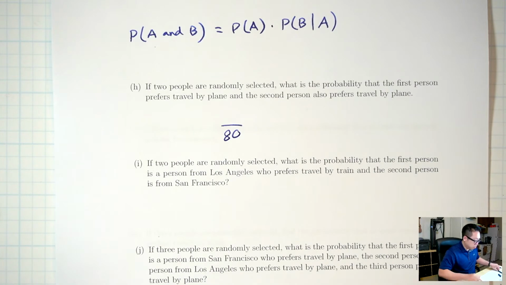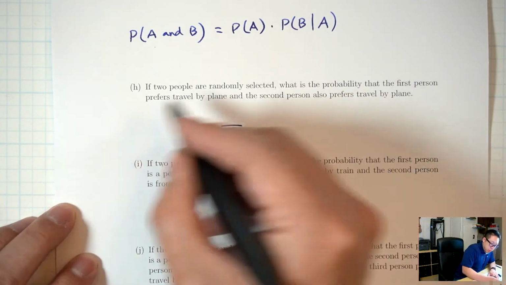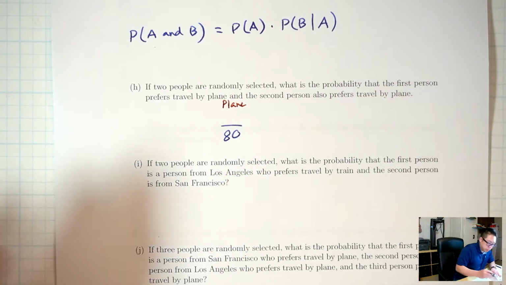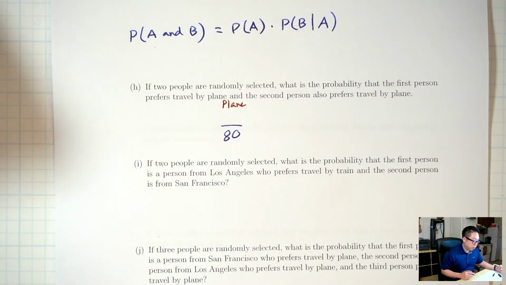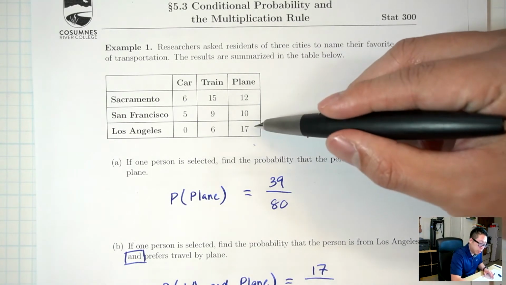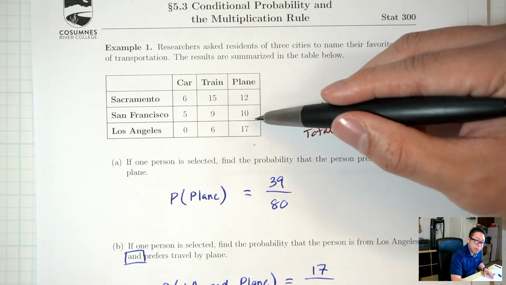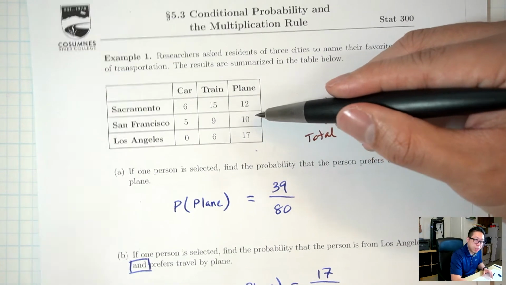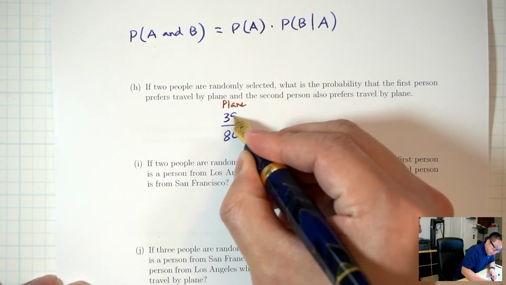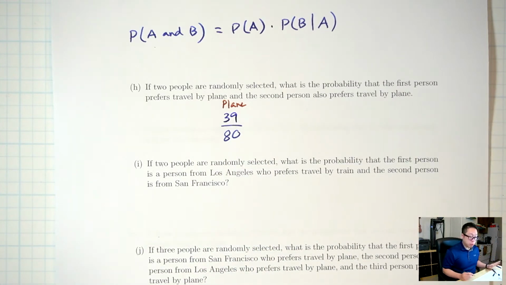And then let me make a note to myself. The first person I want to prefer plane. And so how many people like plane? 12, 10, 17. So 12, 10, 17 I think is 39. And that takes care of the first person.